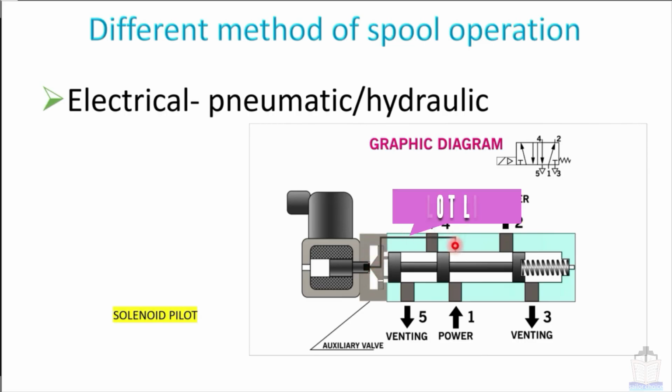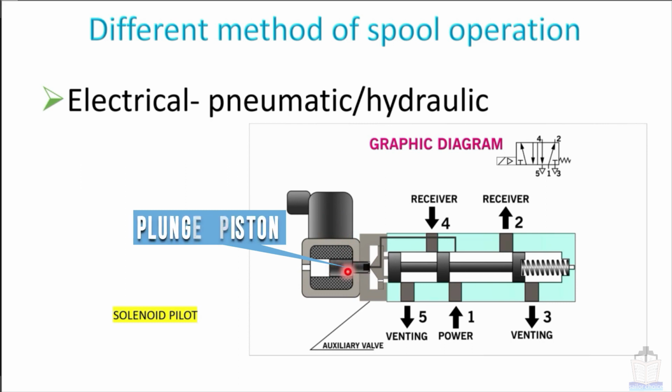This line is called the pilot line, and the air which comes out from this line we will call the pilot air. As soon as the solenoid is energized, this plunger will be shifted to the left and it will open the valve, and hence pilot air will enter this chamber and start pushing the spool to the extreme right direction. Now you can see it.